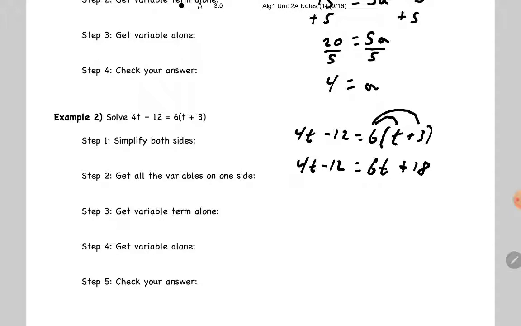You can choose left, you'll get the same answer. Actually, I'll move it to the left this time. So I'm going to move my variables all to the left. So minus 6t, minus 6t. So 4 minus 6 is negative 2t. And then we have the minus 12 equals 18.